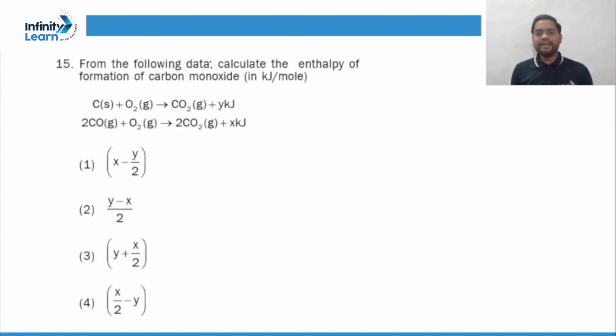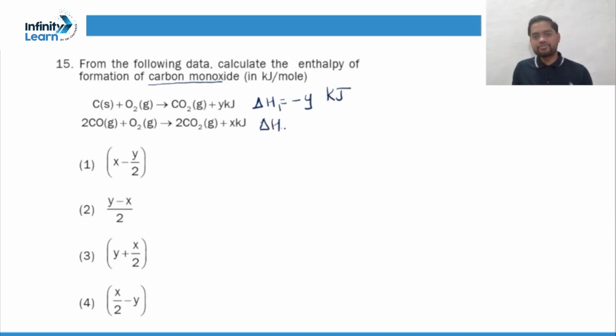From the following data, calculate the enthalpy of formation of carbon monoxide. So we have this equation. Delta H is positive over here, so can I say in this equation, plus Y kilojoule, that delta H is equal to minus Y kilojoule? And this is equation 1.